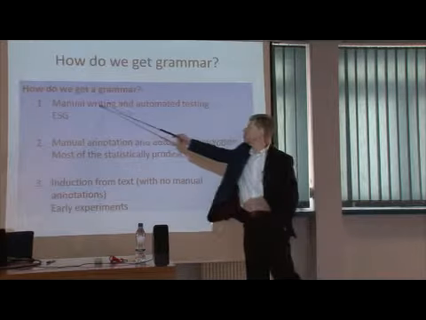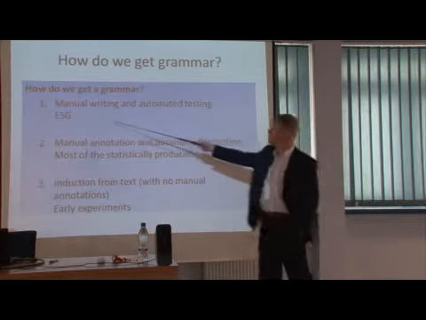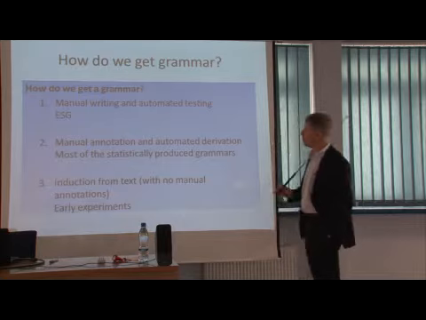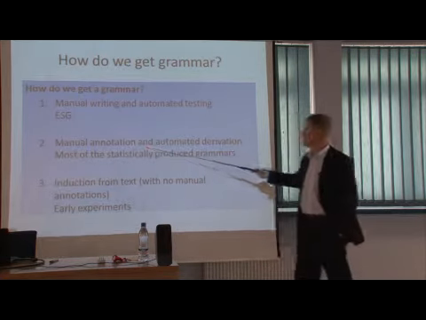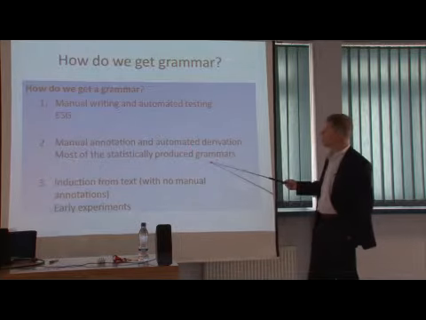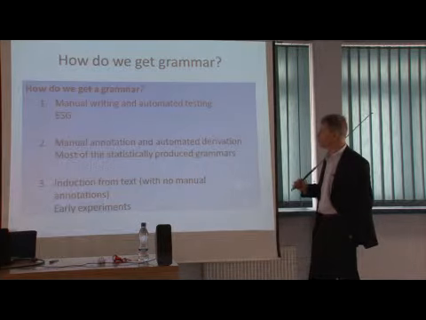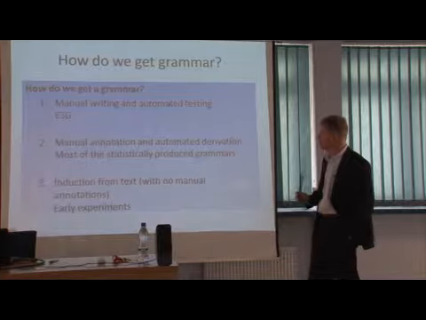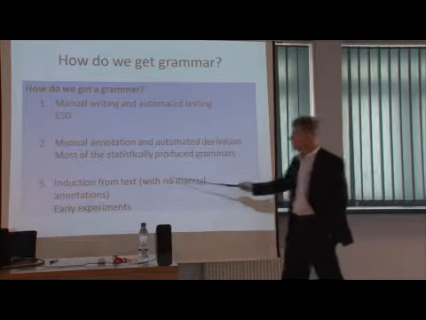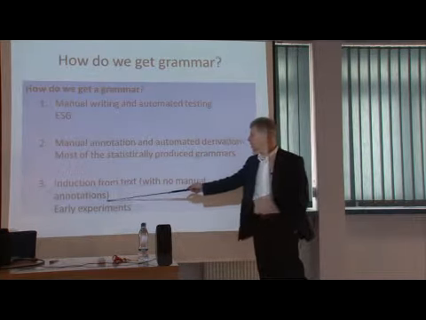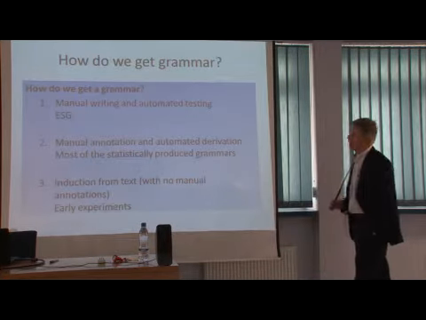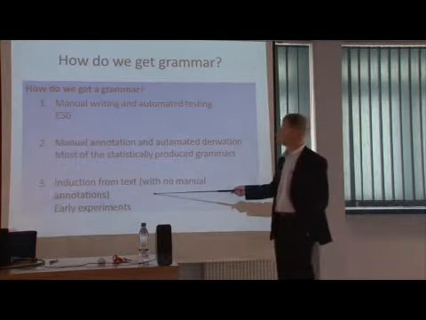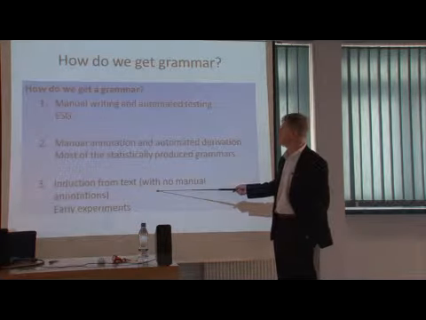Manual writing of rules and automated testing. This is how English Slot Grammar was created. Manual annotation of text and automated derivation is sort of the dominating statistical model. There are some experiments in inducing grammars from text without any annotations, but it's too early to tell whether this is going to be successful.